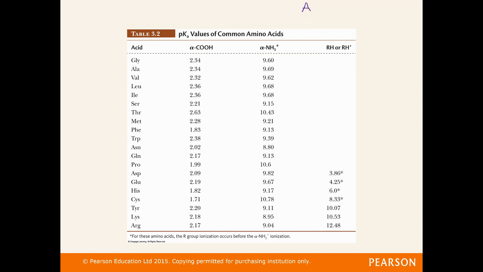It's also posted on Canvas. This is your new periodic table. So this is a reference material that you will have with you. You're not memorizing. Okay, but let's take a look at it. Basically, if we have an amino acid, I'll draw it again here.